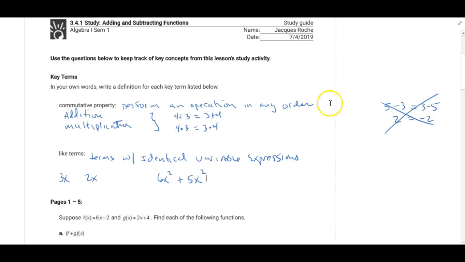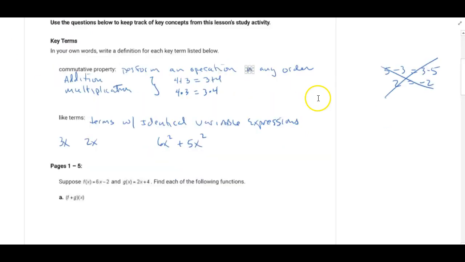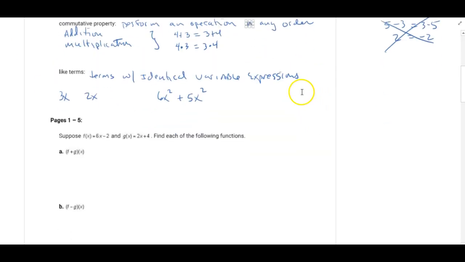So we can combine those like terms, and you and I have done a few lessons on that, so that should be pretty straightforward. So what they're saying here is, in this lesson, the main thing is how to add two functions together. And basically, when you add or subtract, you're basically simplifying the expression and combining like terms.